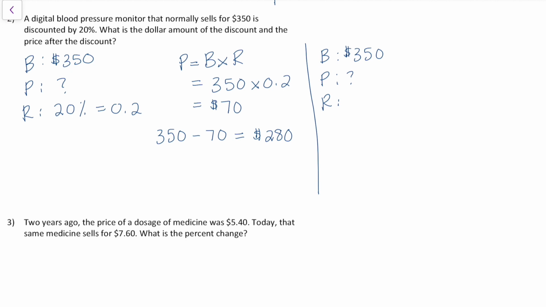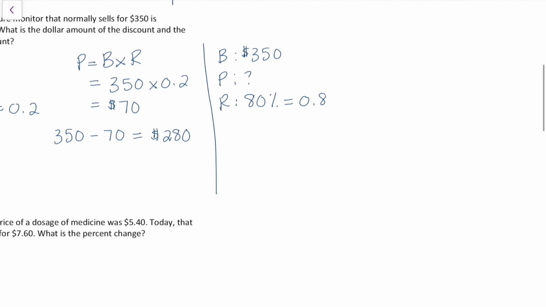But in this one, it's being discounted by 20%, which means the portion is 80% of the original price. So now if I do portion equals base times rate, I'm going to do 350 times 0.8, and I get to 280 right away.